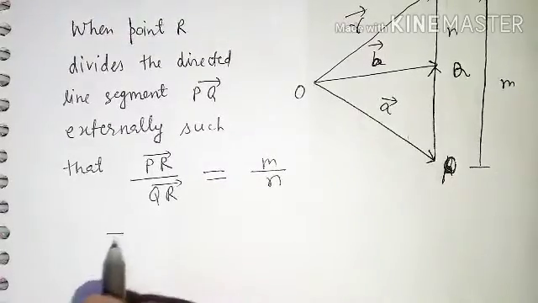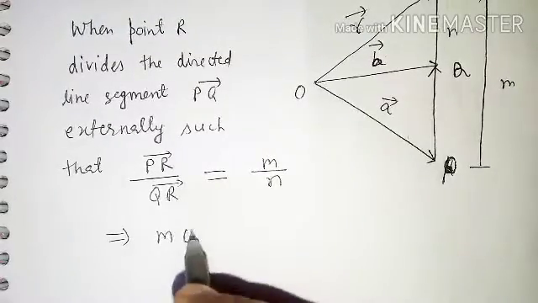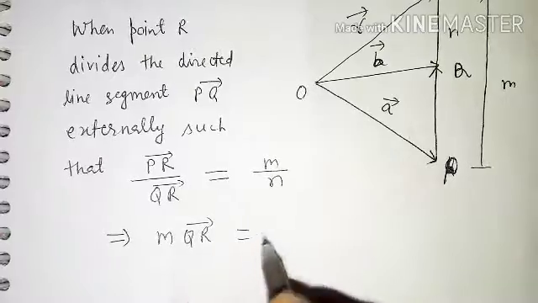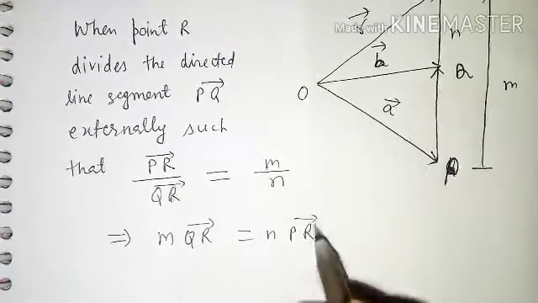This implies that m vector QR is equal to n vector PR.